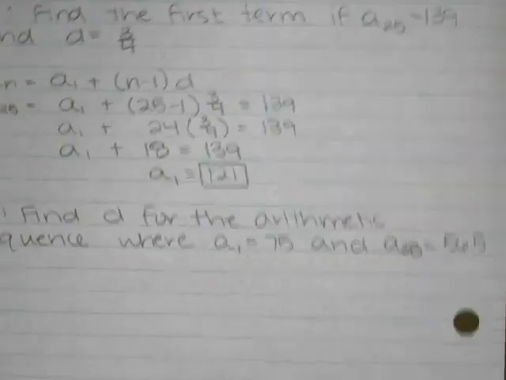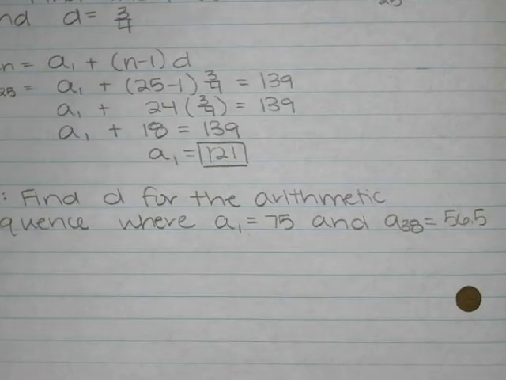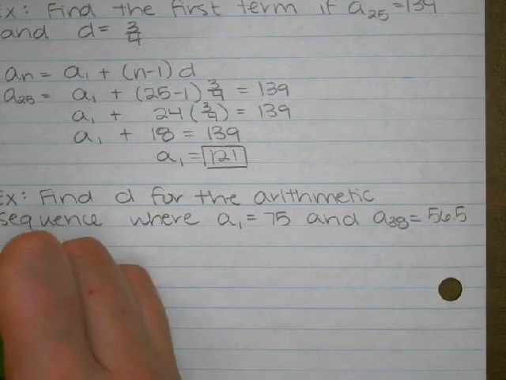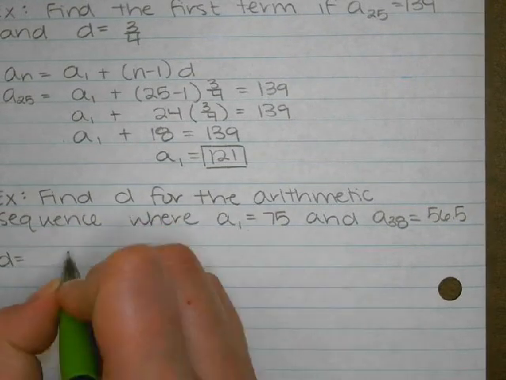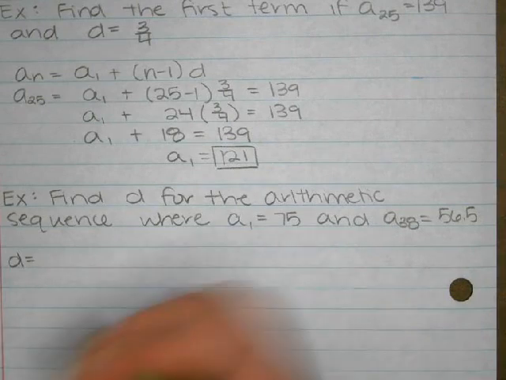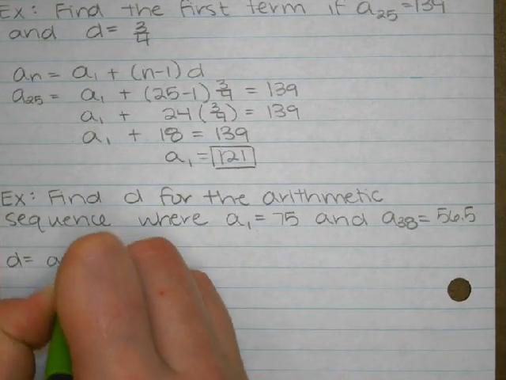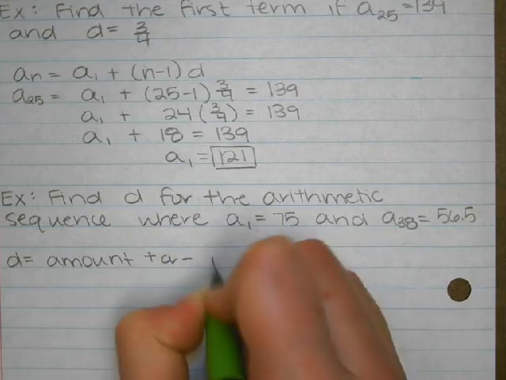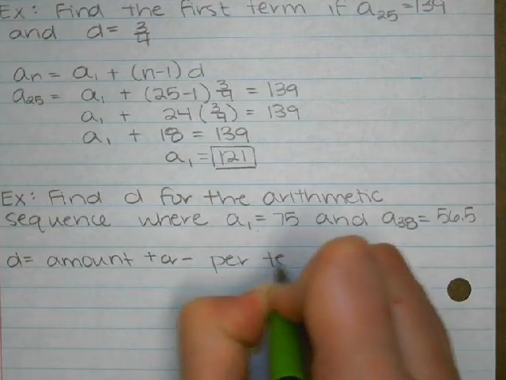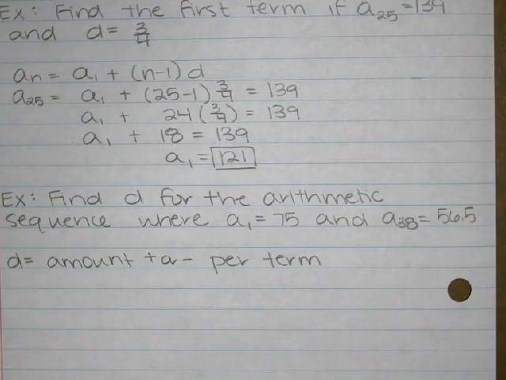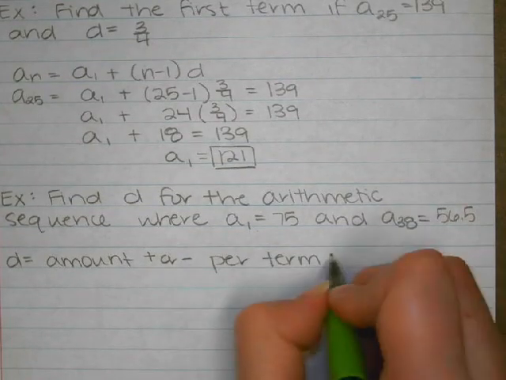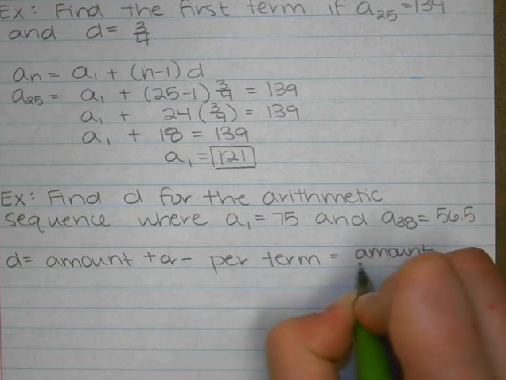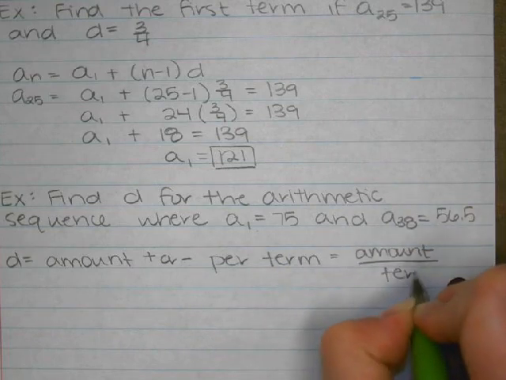Okay, so for this one I'm going to think about what the d value represents. What d represents is the amount that is added or subtracted per term, right? So another way of writing this is the amount added or subtracted per term.